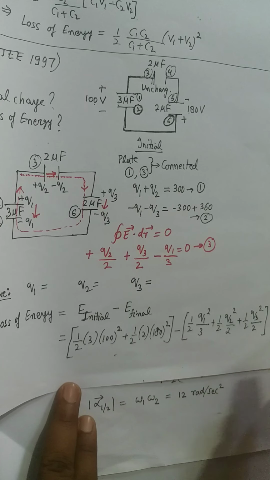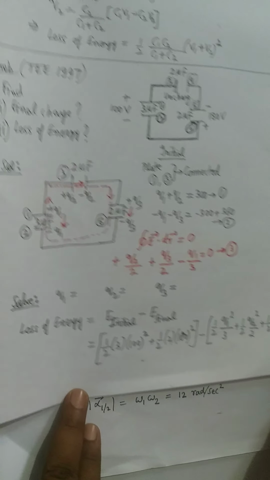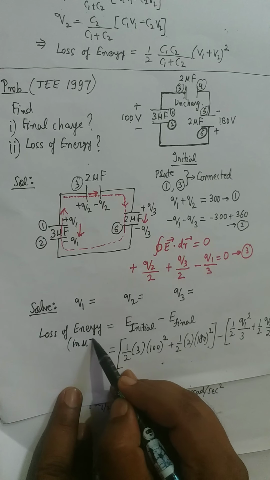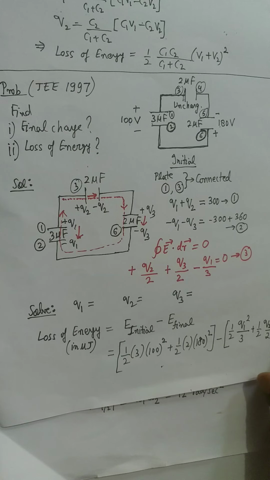Subtract the values and you will come to know what is the loss of energy. And obviously the unit of energy will be microjoules here, because we are using capacitances in microfarads and charges in microcoulombs. So the unit of energy calculation will be microjoule.